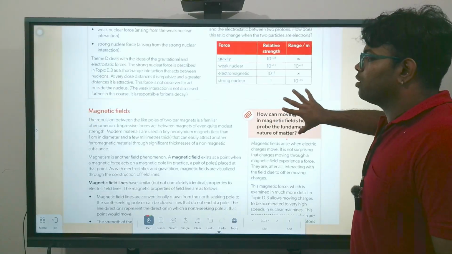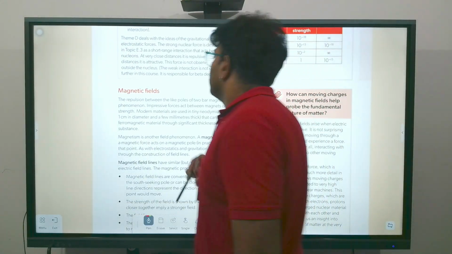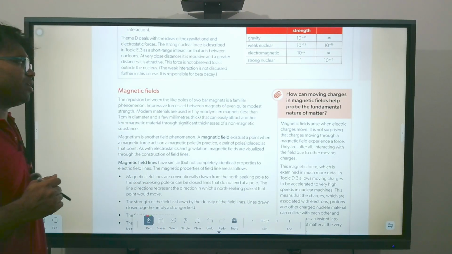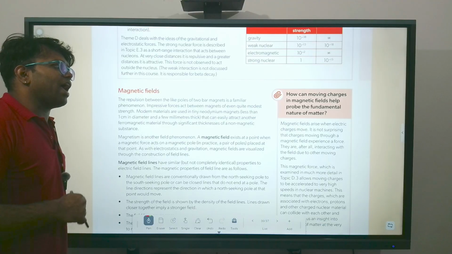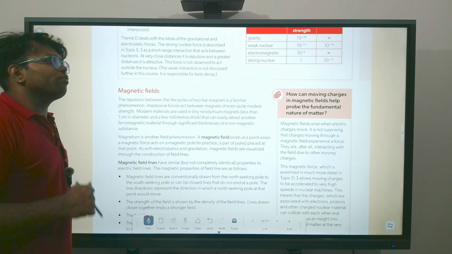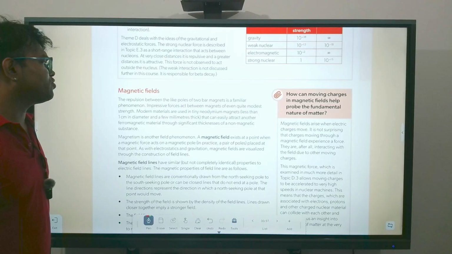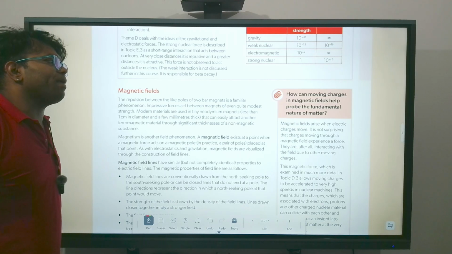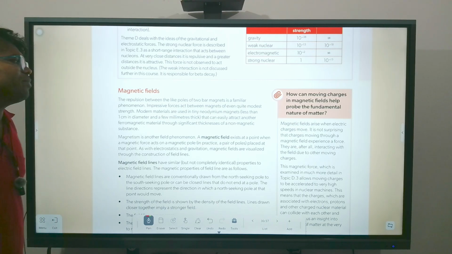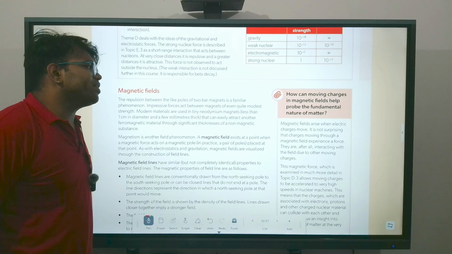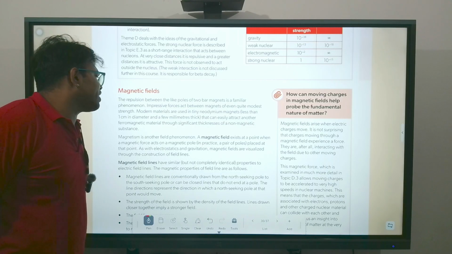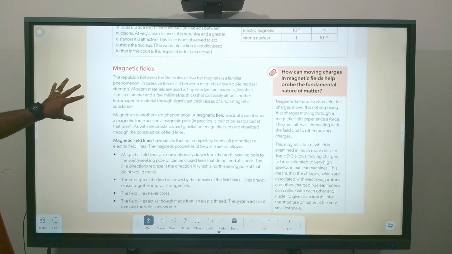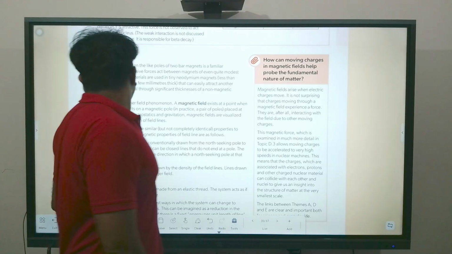The repulsion between the like poles of two bar magnets is a familiar phenomenon. Impressive forces act between magnets of even quite modest strength. Materials are used in tiny neodymium magnets less than 1 centimeter in diameter and a few millimeters thickness that can easily attract another ferromagnetic material through a significant thickness of non-magnetic substances.